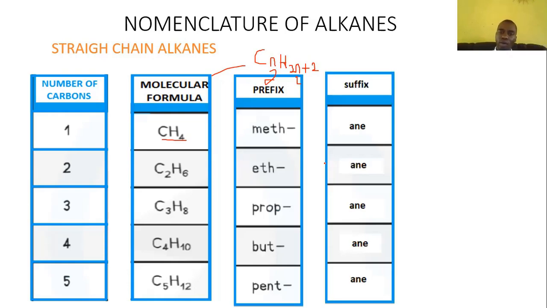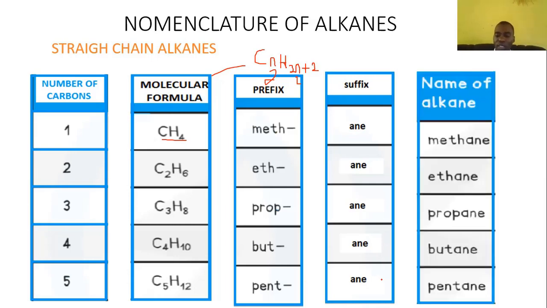Then finally, if you want to name these alkanes, you just get prefix plus suffix. So meth plus ANE gives you methane. Eth plus ANE gives you ethane. Prop, propane. But, butane. Pent, pentane, as shown here. So it is as simple as that.